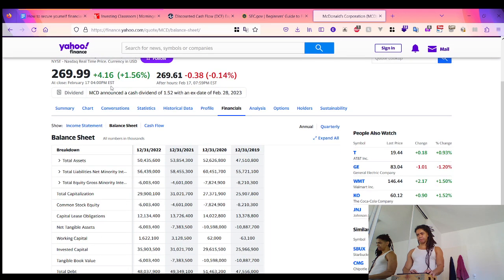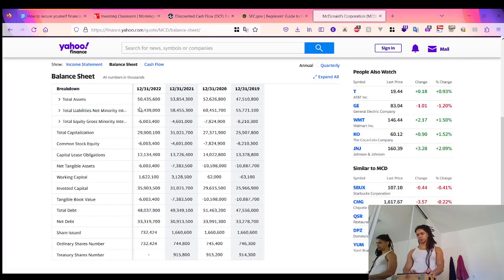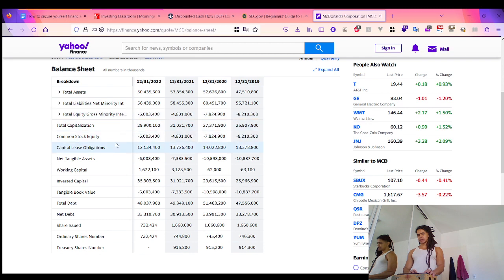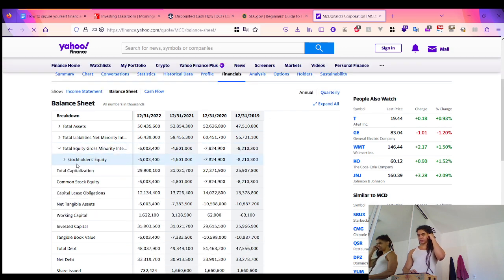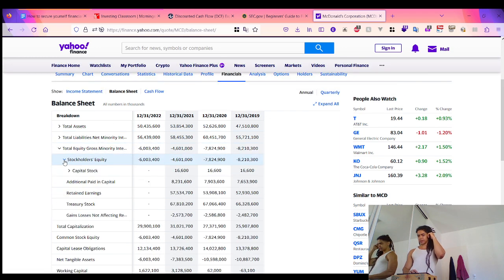Here in the stockholders' equity on the balance sheet, let me see if they have retained earnings.